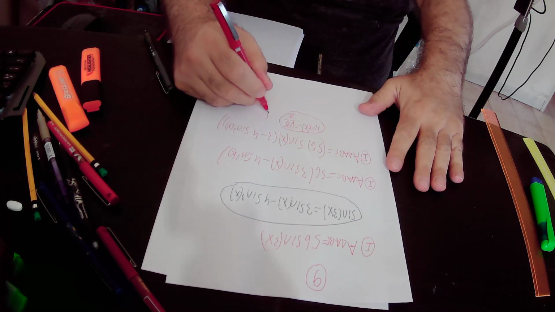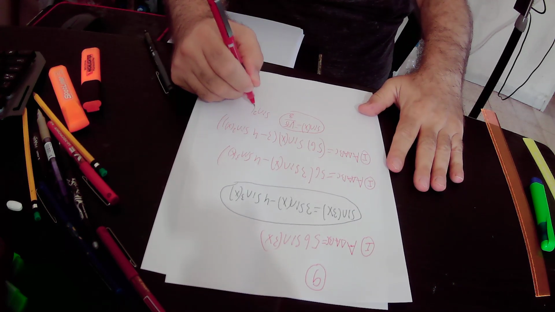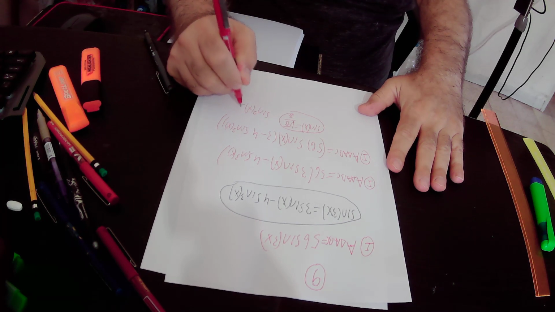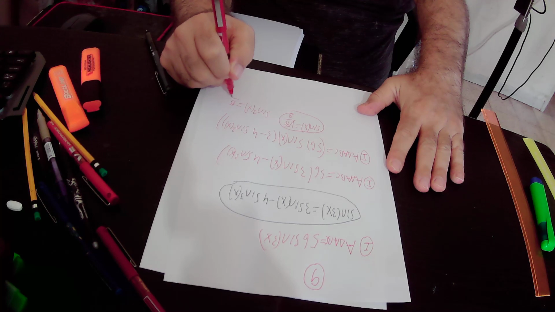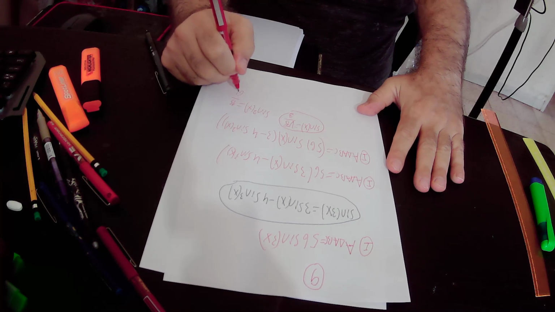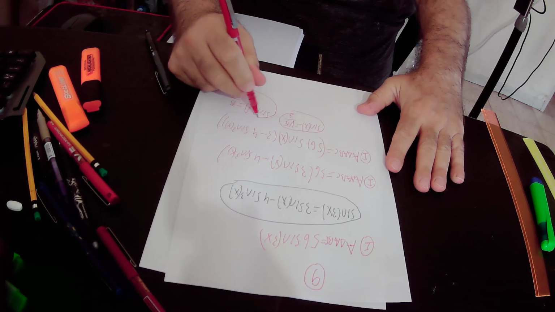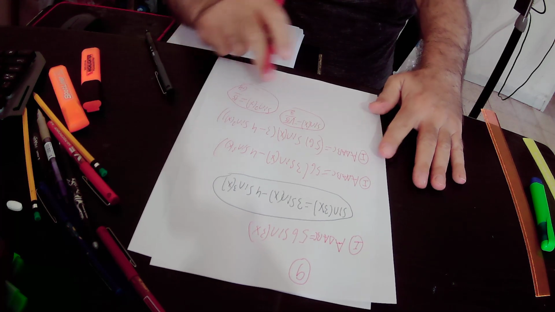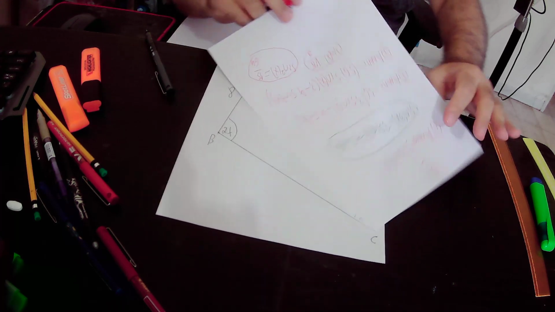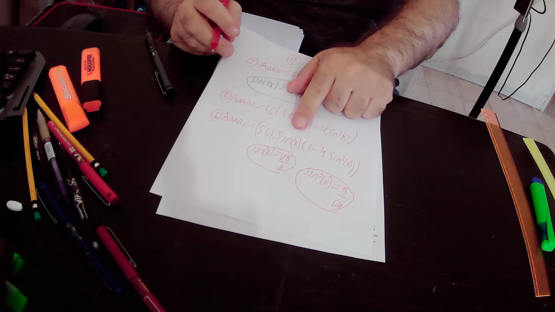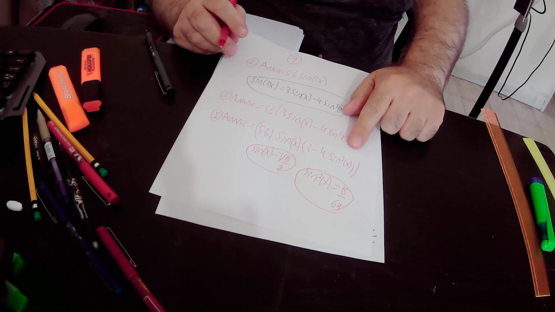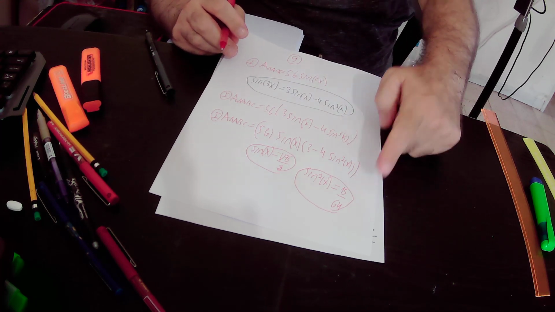Sine square x will be equal to root 15 times root 15, which is 15, and 8 square is 64. So sine square x equals 15 over 64. The only thing left is to substitute sine x by root 15 over 8, and sine square x by 15 over 64.